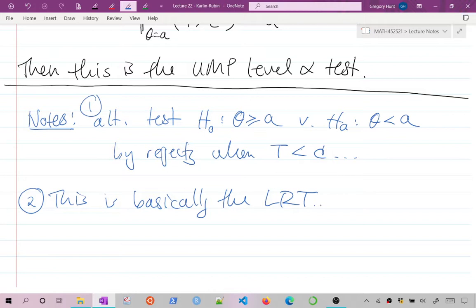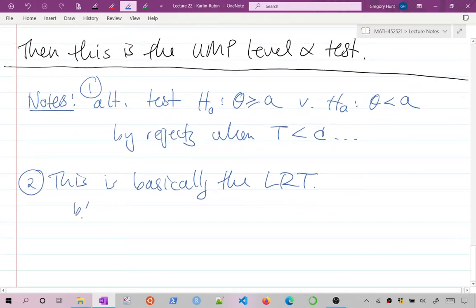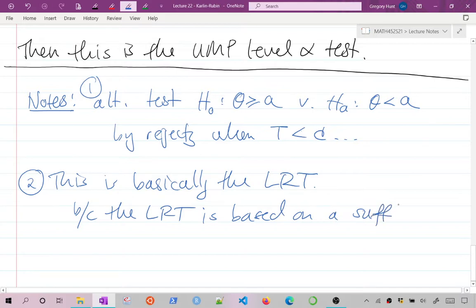The idea being that, why can I say this is based on the LRT? Because the LRT is based on a sufficient statistic, right?